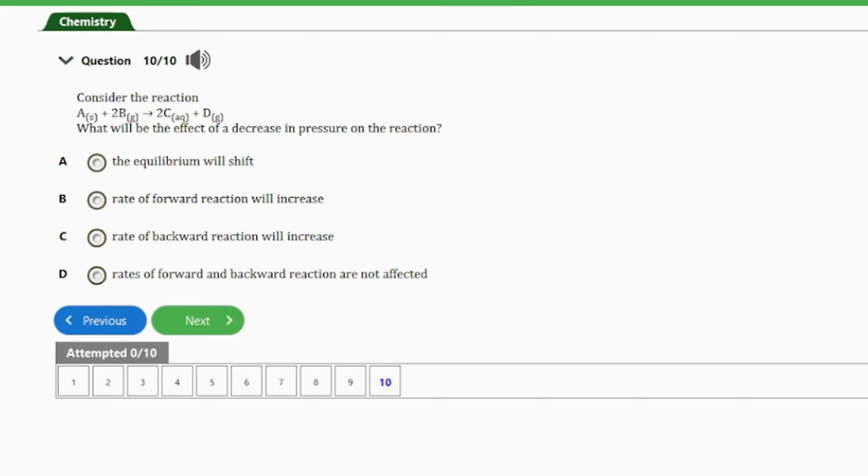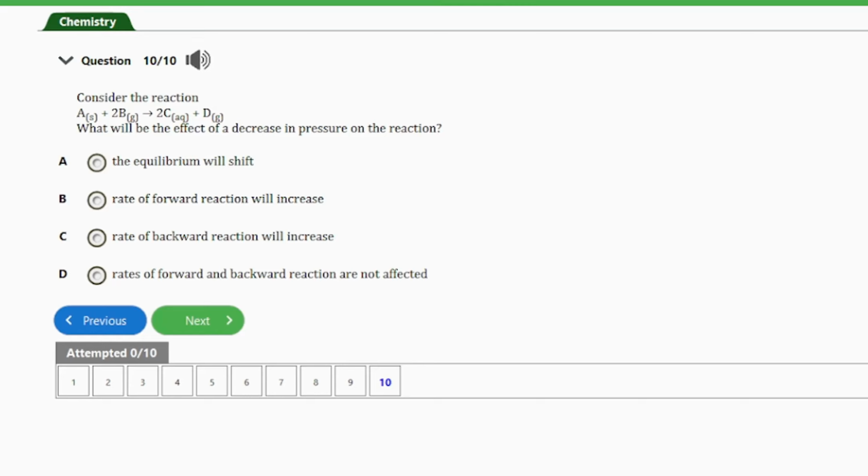That's question number 10. We have here an equation of a reaction, and then the question says, consider the reaction A as solid, 2B as gas, reacting to produce 2C as aqueous solution, and D as gas. What will be the effect of a decrease in pressure on the reaction?